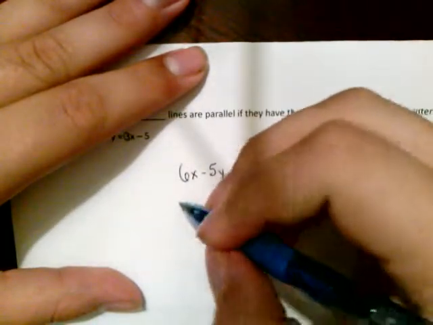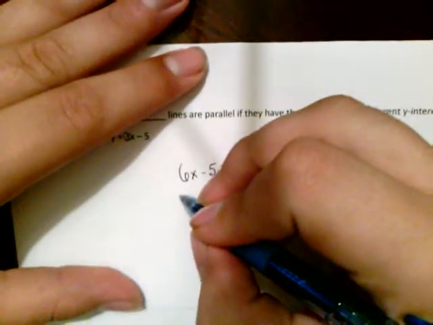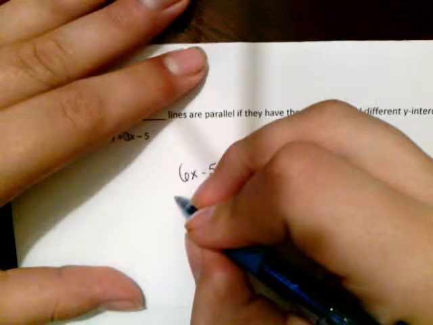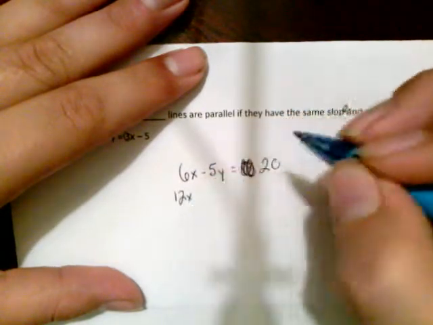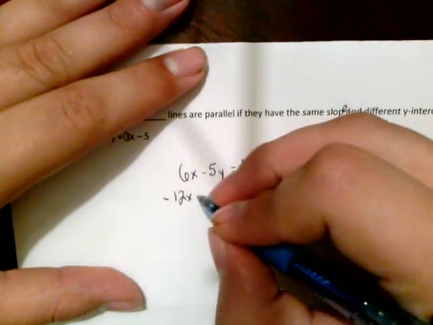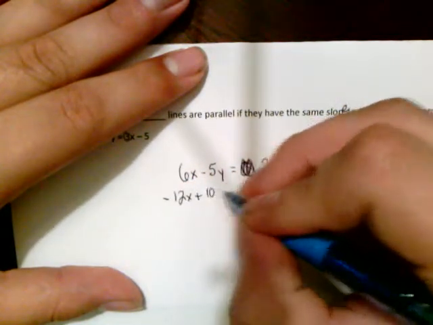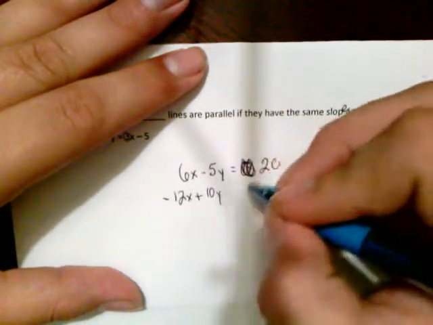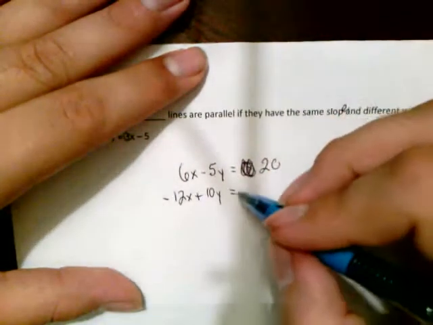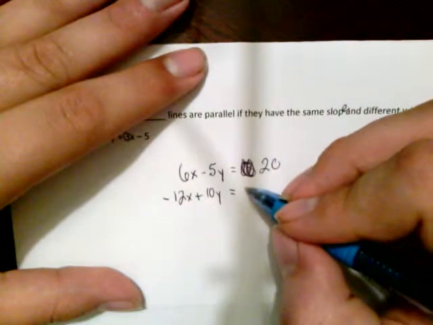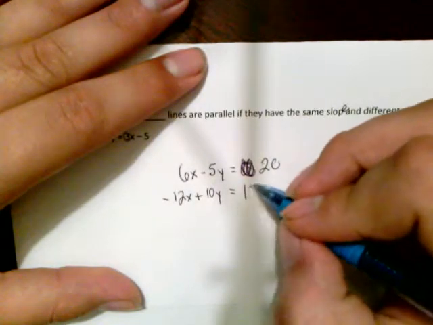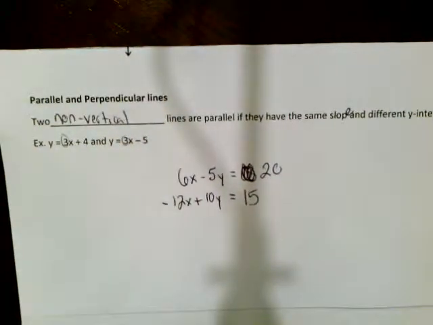And we're trying to see if it's parallel to negative 12x plus 10y equals 15. Now you have two different lines here.